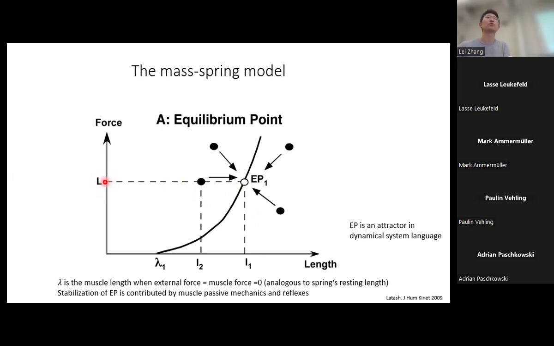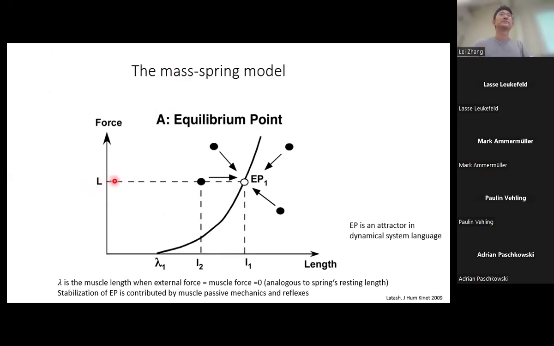So this is both muscle force and external force, because you cannot only have muscle force, right? At the stable position, if your muscle produces force, you have to somehow fix the muscle, right? So externally, you should also have some force applied to make the muscle stable. That means the external force and the muscle force are the same in this picture.